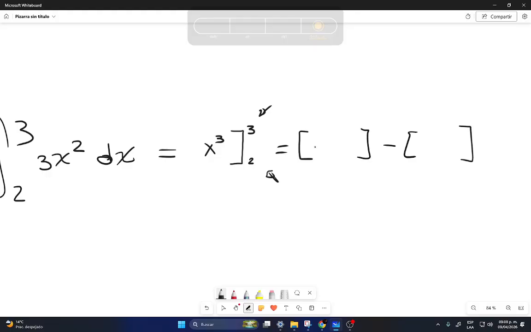So let's evaluate it in 3. It's 3 to the power 3 minus 2 to the power 3. That will be 3 to the power 3 is 27, and 2 to the power 3 is 8.